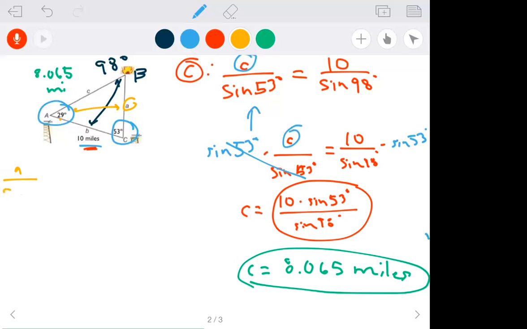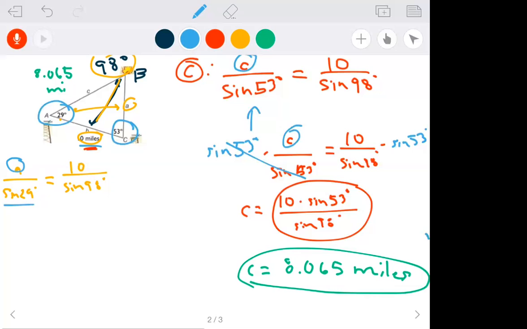So A divided by the sine of 29 degrees is equal to 10 divided by the sine of 98 degrees, because we know what 10 is, and we know that this is 98 degrees. Now, if I want to isolate the A, I'm going to multiply both sides by the sine of 29.